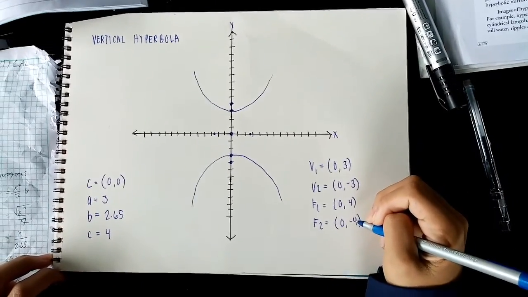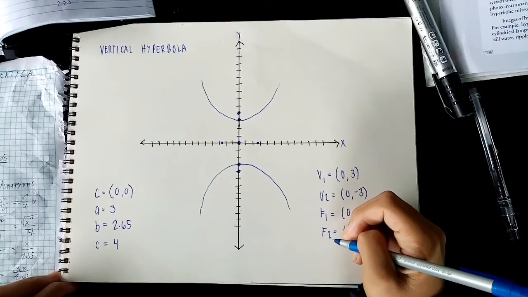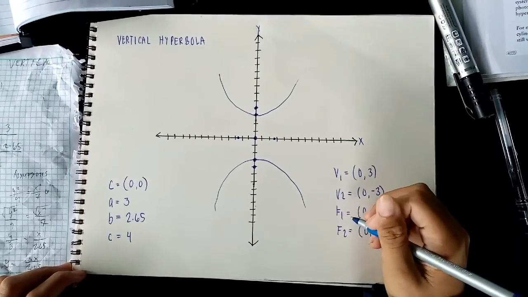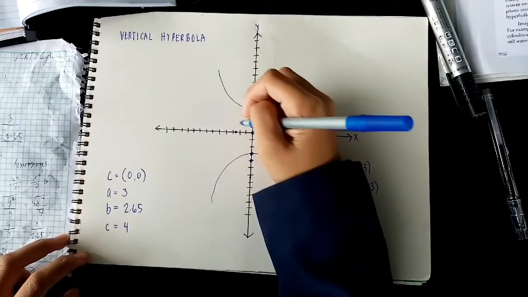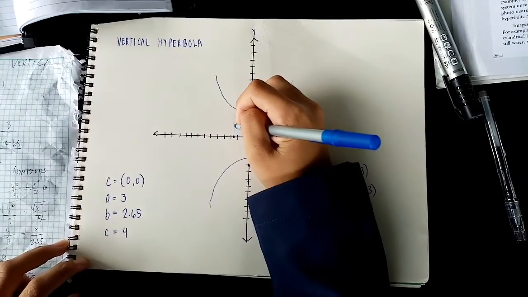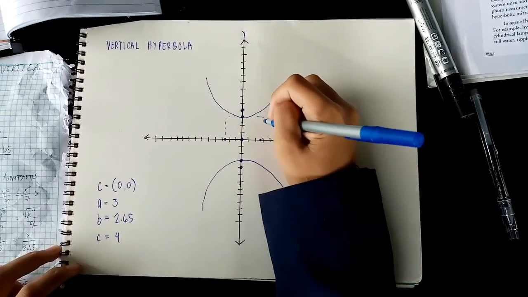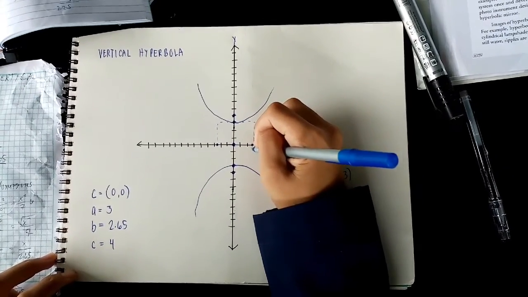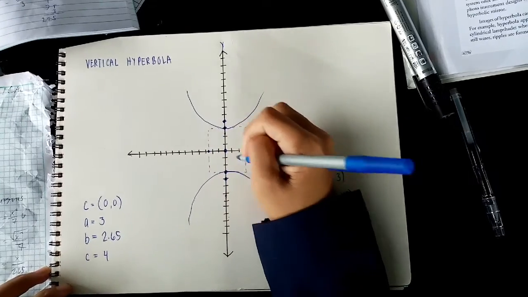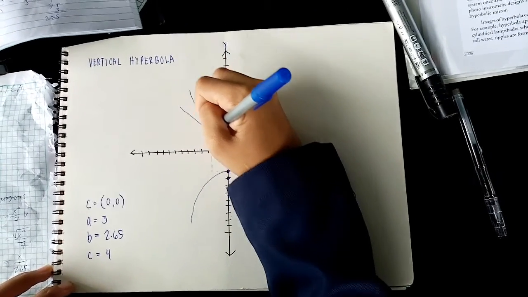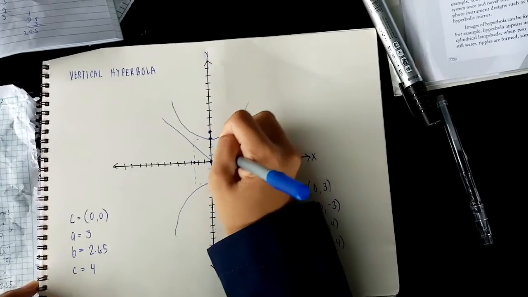Next, we will put some dotted lines that will make the square. Let's do it. Then after that, from the center, slant, then slant again.